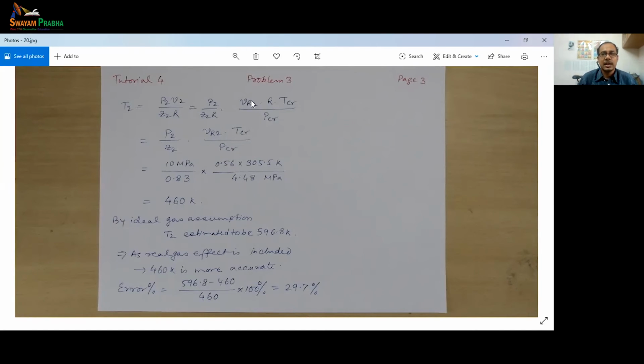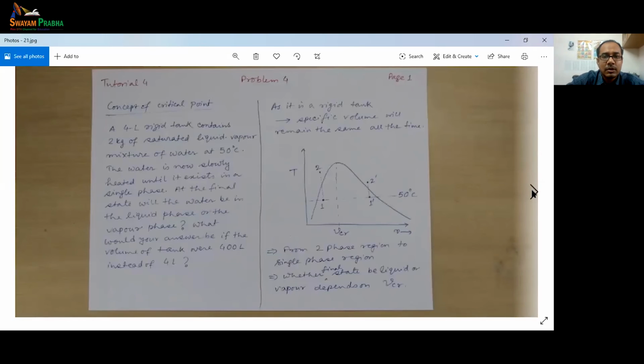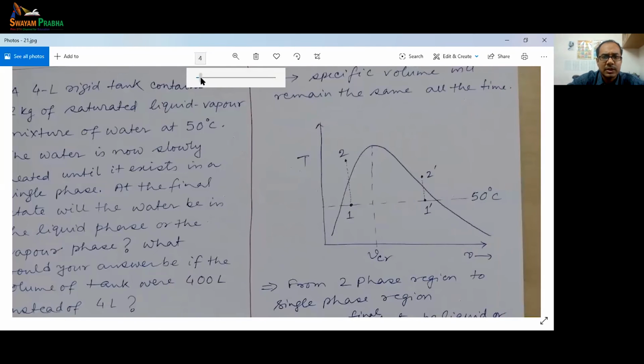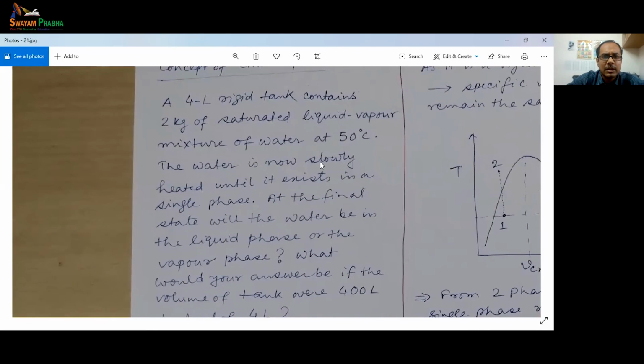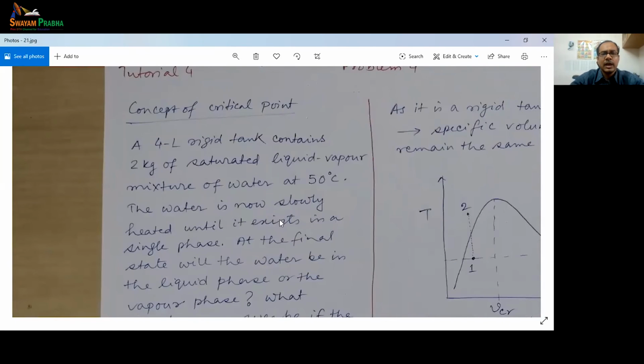Okay, so let's take up the last problem of this tutorial, which is not much about looking up numbers and calculation, but more about concept. And the concept of the critical point is what we are going to use. So what's the problem statement?